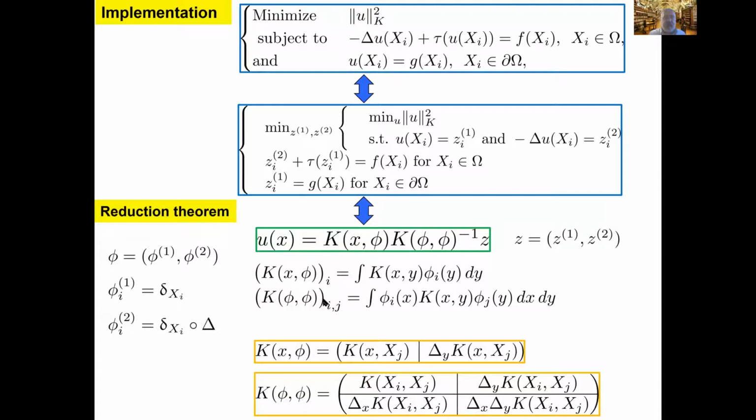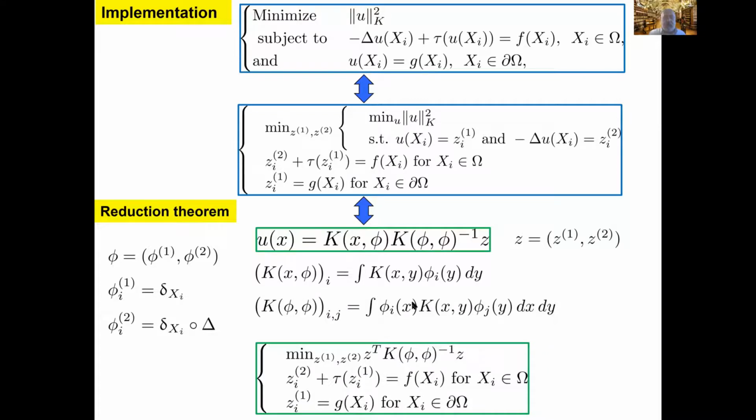K phi is a matrix whose entries are obtained by integrating the kernel k against the functions phi i and phi j. Now, note that the entries of the vector Kx phi and of the matrix K phi are pointwise evaluations of the kernel k and of its Laplacian.